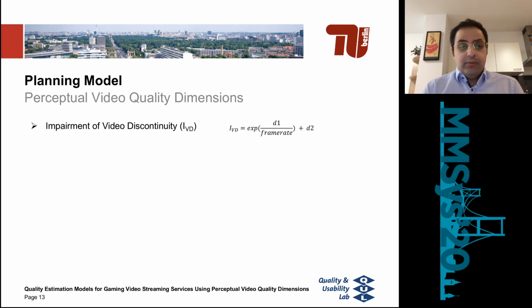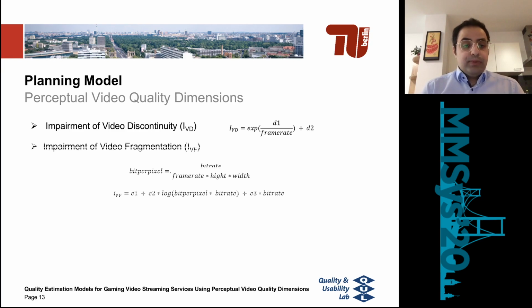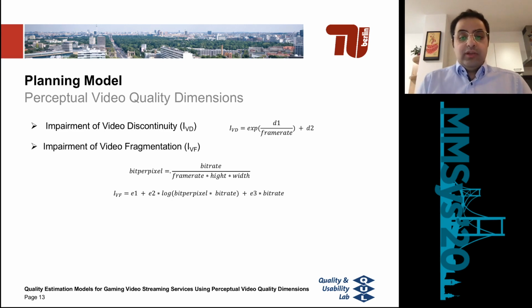Regarding the planning model, we decided to predict the impairment of video discontinuity only based on the frame rate, using an exponential function. Then we had the impairment of video fragmentation, similar to other works, for example from G.1071.